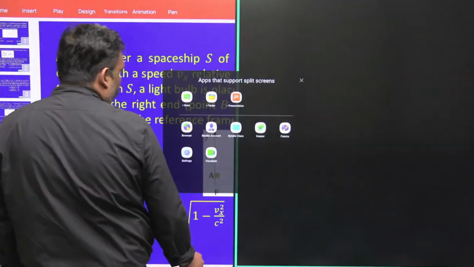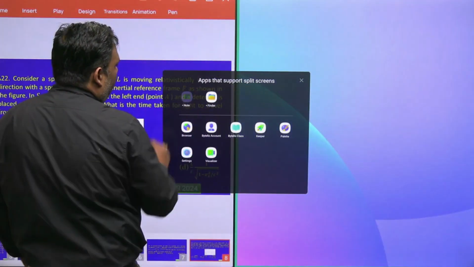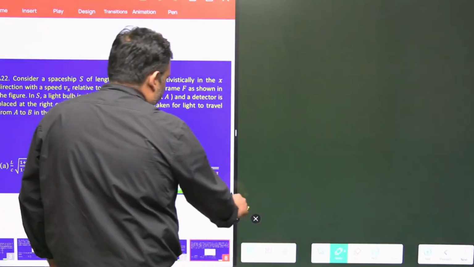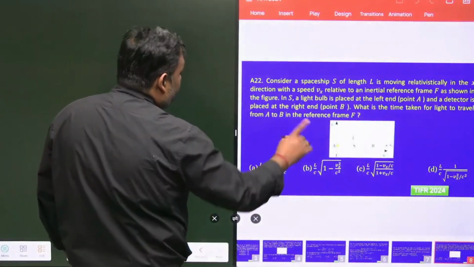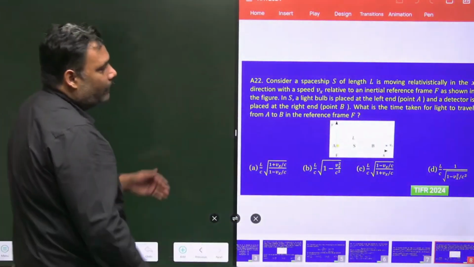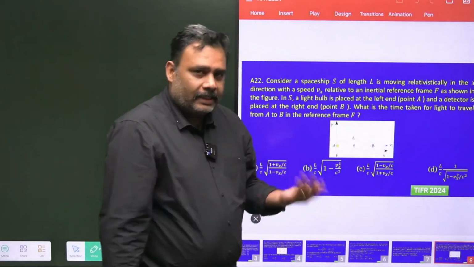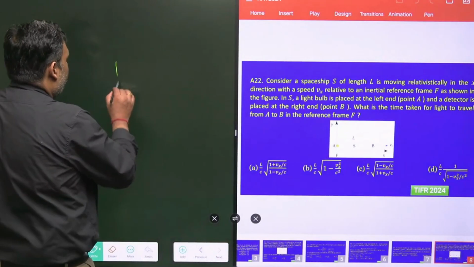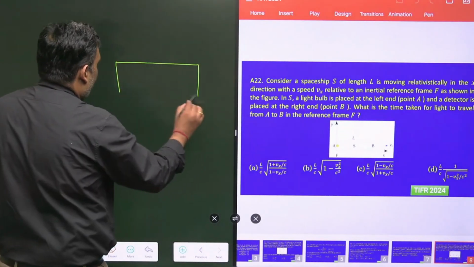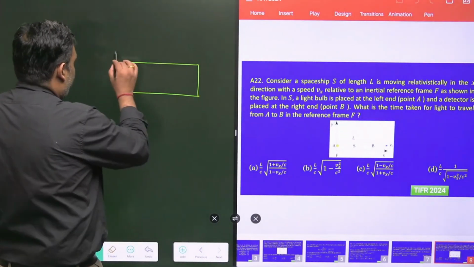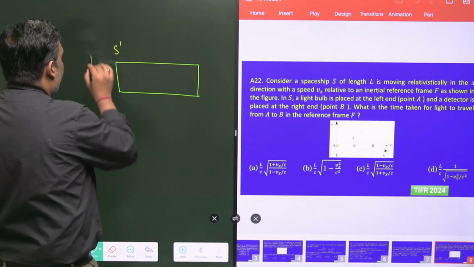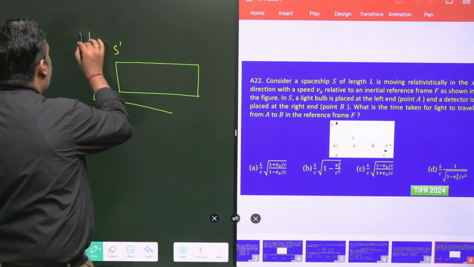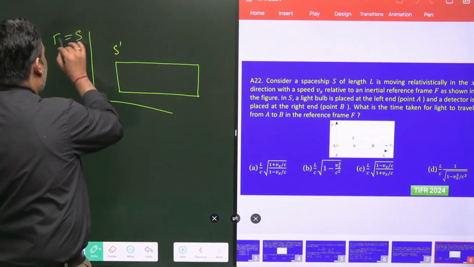First we will figure out everything from the S dash frame and the S frame. I will keep this spaceship as the S dash frame and F is my S frame, which is the F frame in the problem.